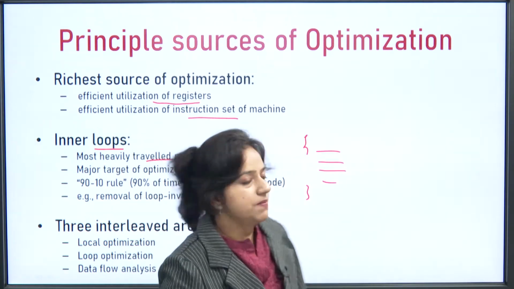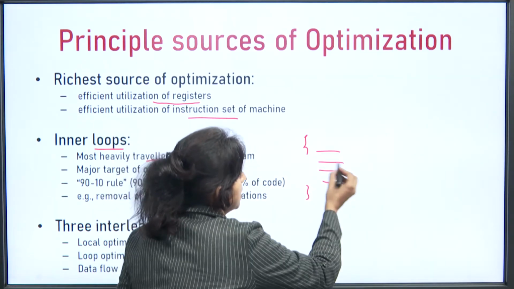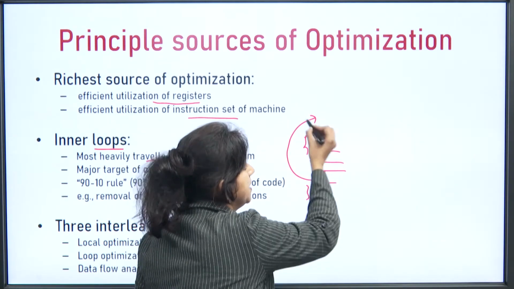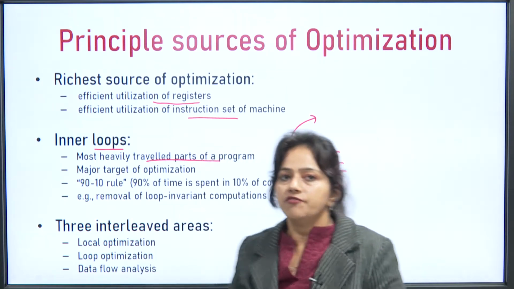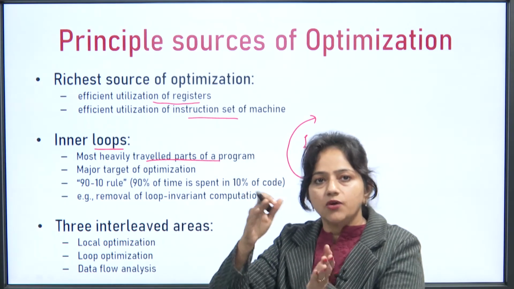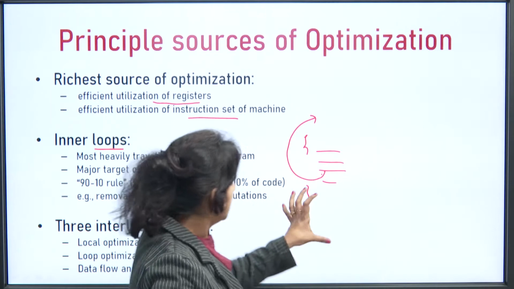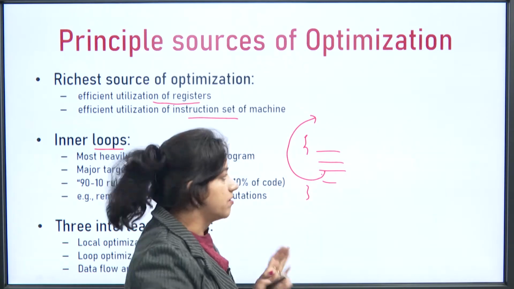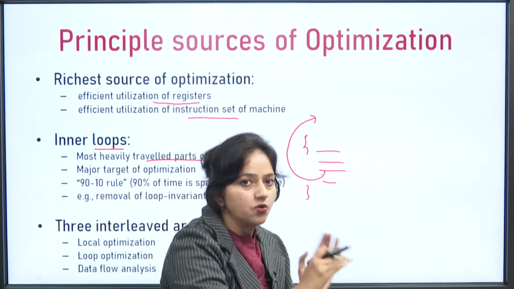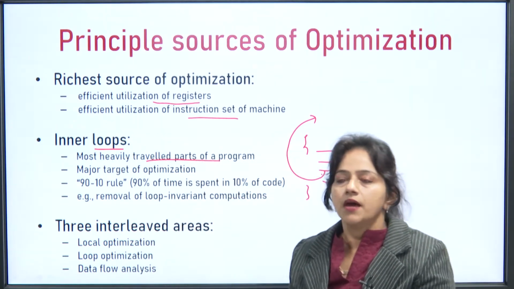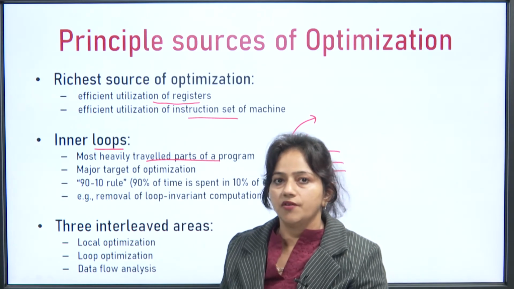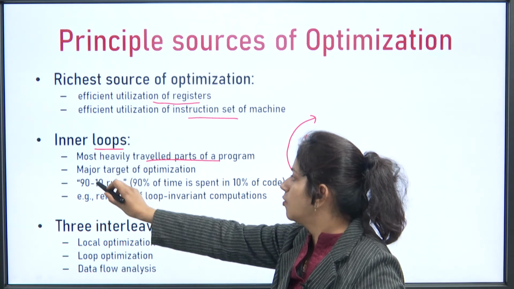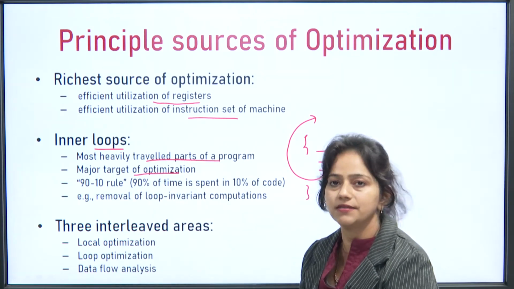It is quite possible that some of the statements or some of the computation can be kept outside the loop. We can keep any number of instructions outside the loop, but we will try to reduce the number of instructions inside the loop to reduce the runtime of the program.